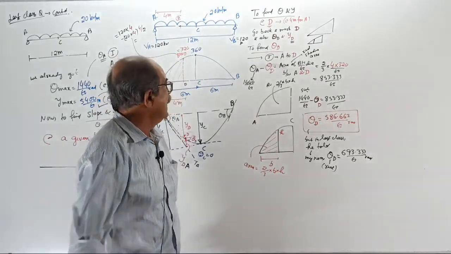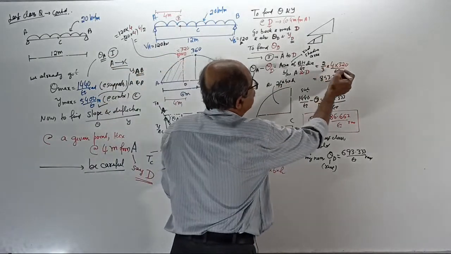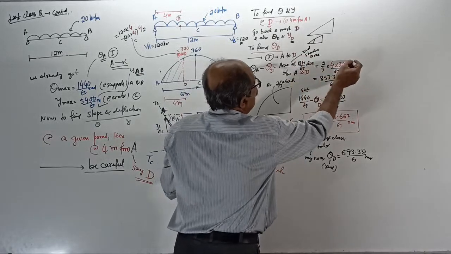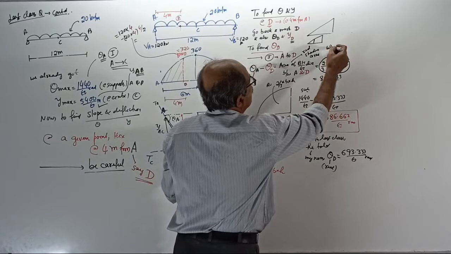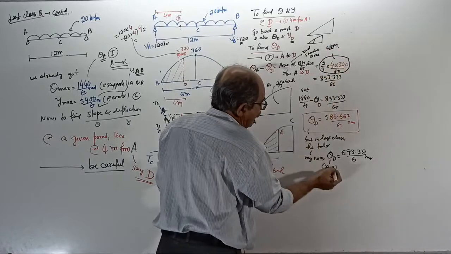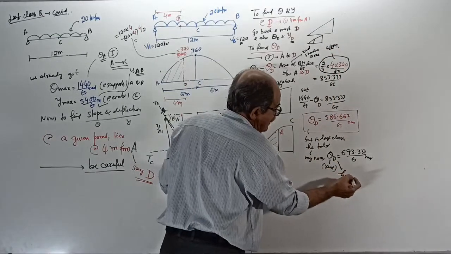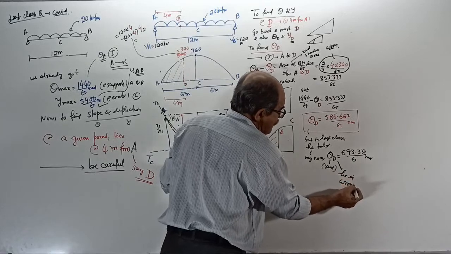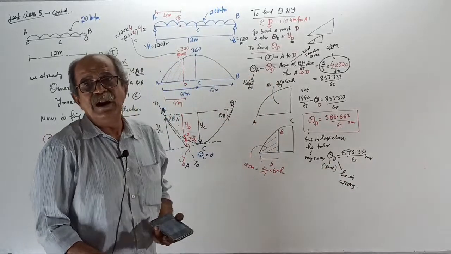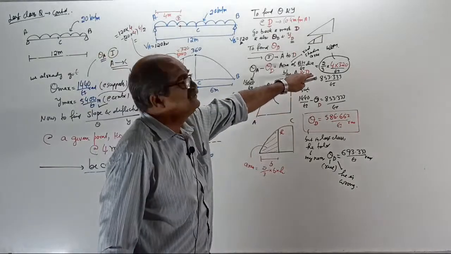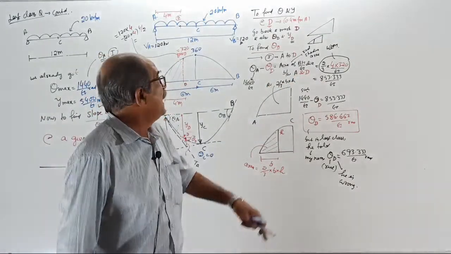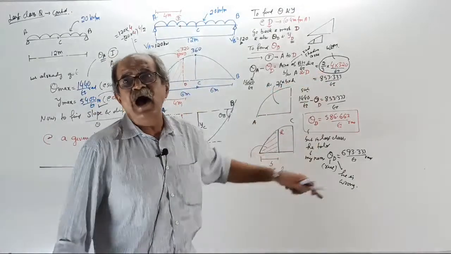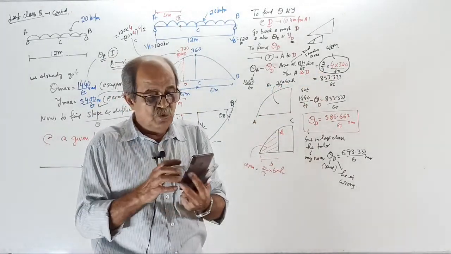Therefore, either this principle of area equal to 2/3 base into height is wrong, or I am wrong. Who is wrong?